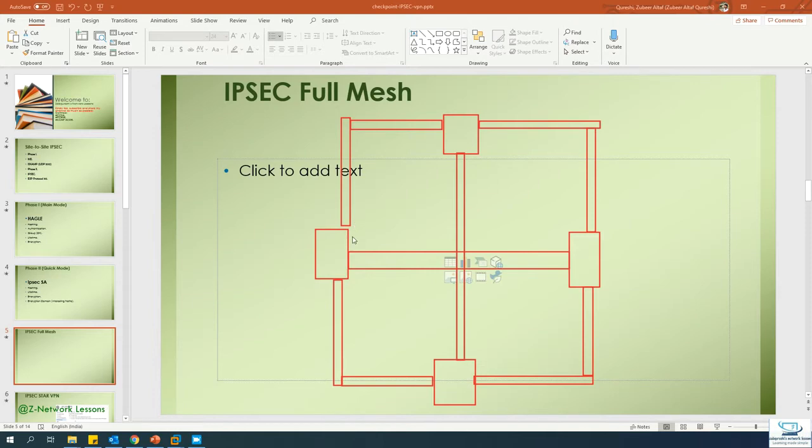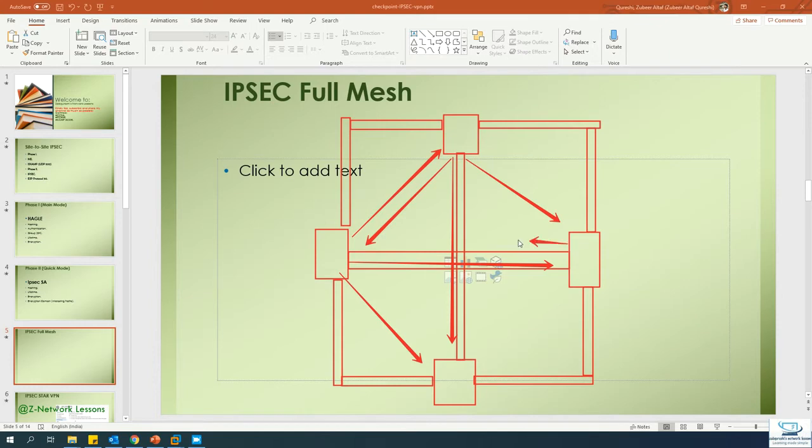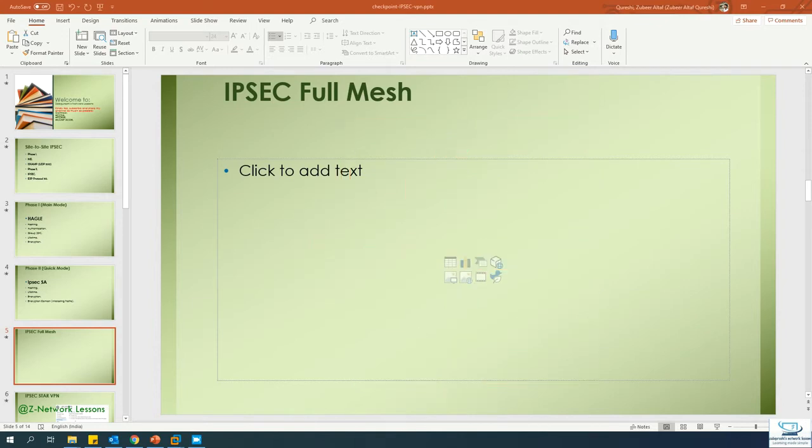Likewise, every other site will have 3 tunnels with their neighboring headquarters, or you can say branches. So this is the way you define the full mesh. Every site has connectivity with every other site.